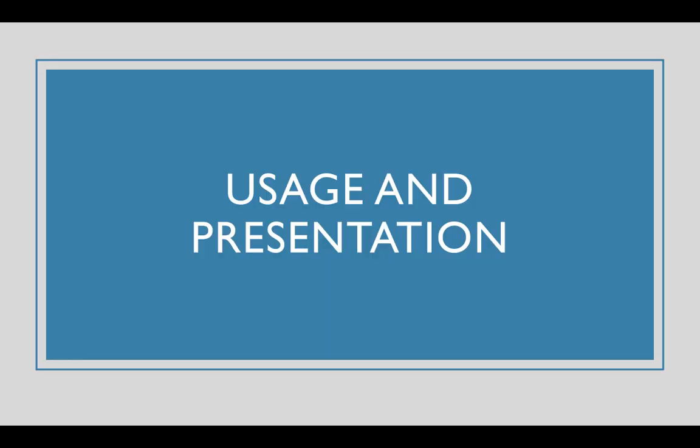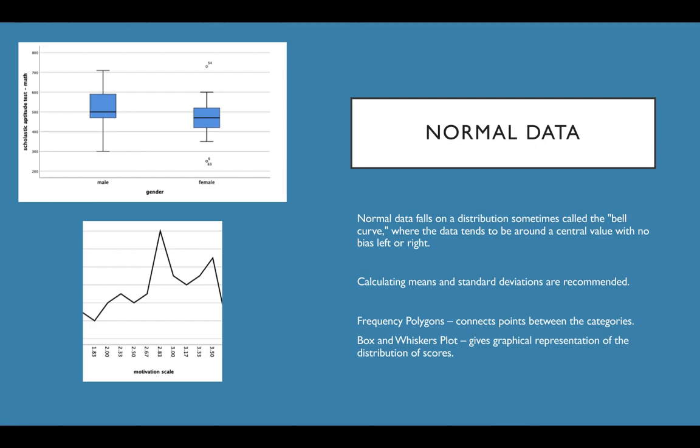So now that we know how to determine the three measures of central tendency, as well as calculate the measures of variability, how do we know when to use what? And what are some of the best ways to present this information? Normal data falls on a distribution sometimes called the bell curve, where the data tends to be around a central value with no bias left or right.